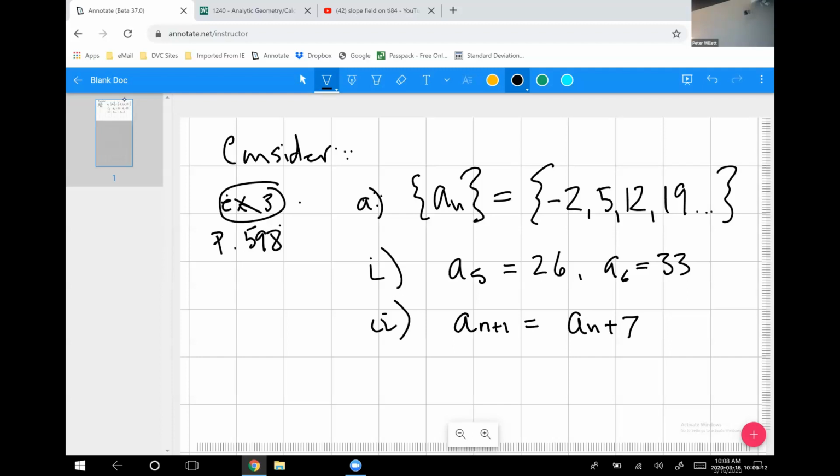So then in the third part of the example, it says find an explicit formula for the nth term of the sequence. So now that we know how we get from one term to the next, and we know where the sequence starts, we're in fact given the first 4 terms of the sequence, they want a formula for a sub n.